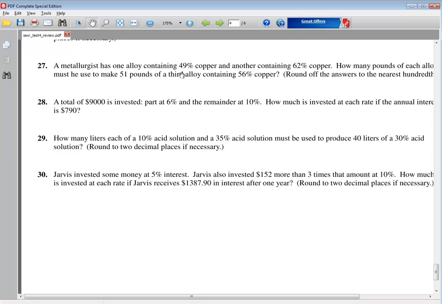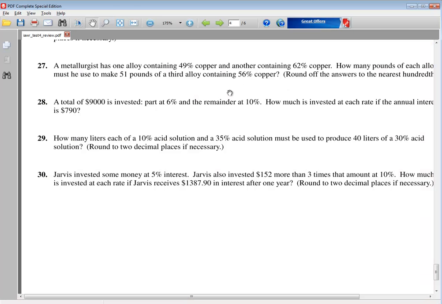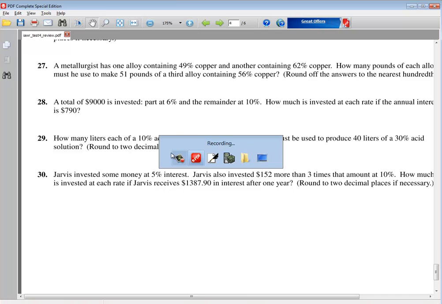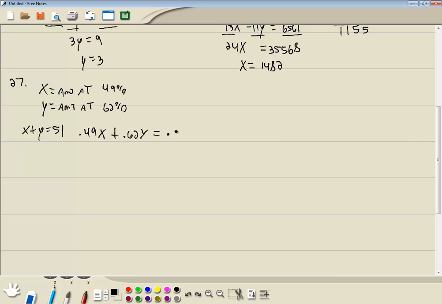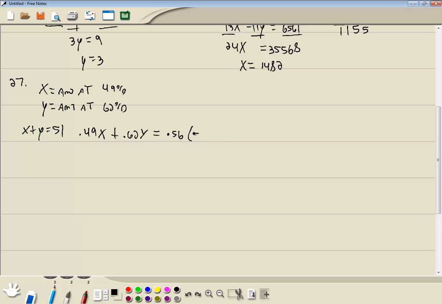Okay, now our mixture is such that the 49% times X plus 62% times Y is going to give us our new, which is 56%, times our total, which is 51. Now how these always work is you have your percent times amount, percent times amount, percent times amount.